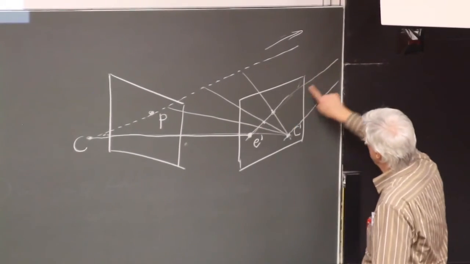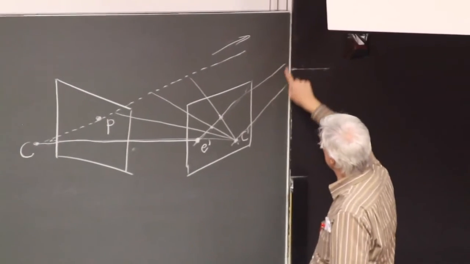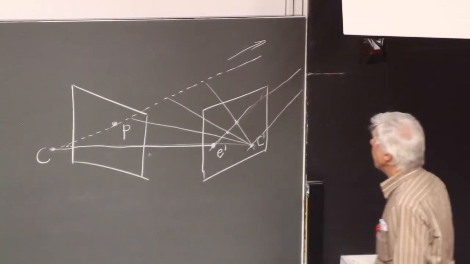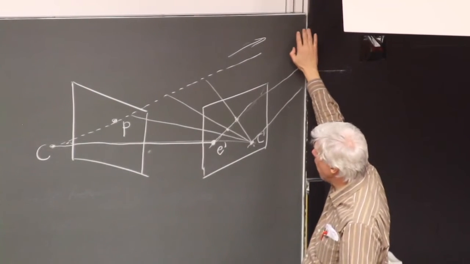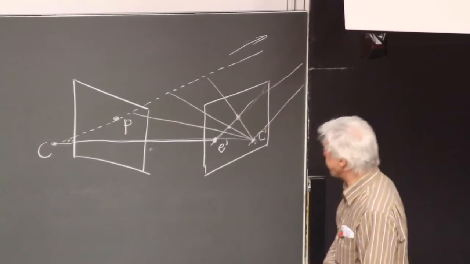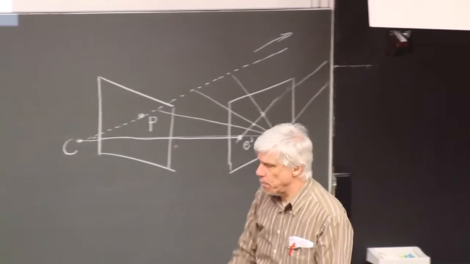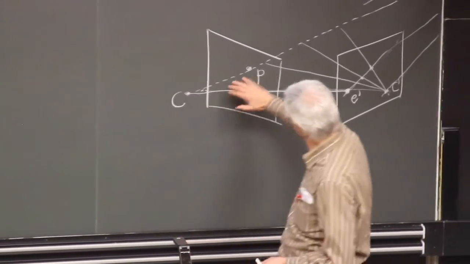So in the end, it will reach a point corresponding to the projection of the point very, very far away along this projection ray onto the second image plane. And that's the first term. So it's a projection of the vanishing point of this ray.